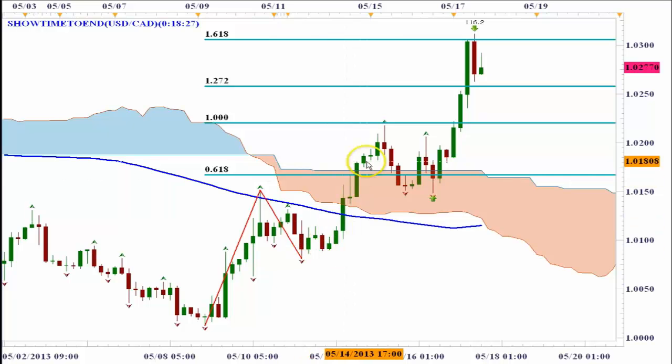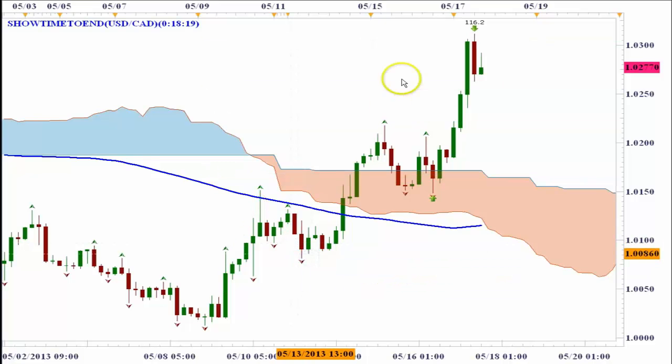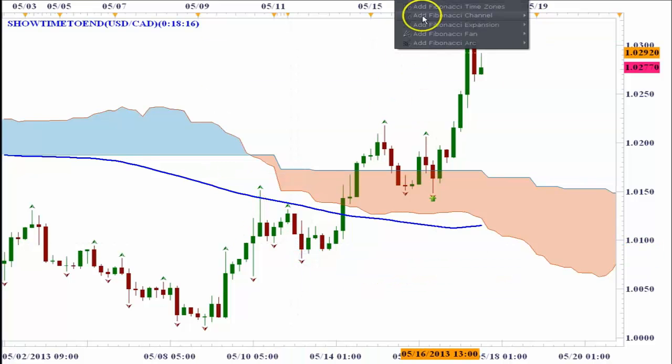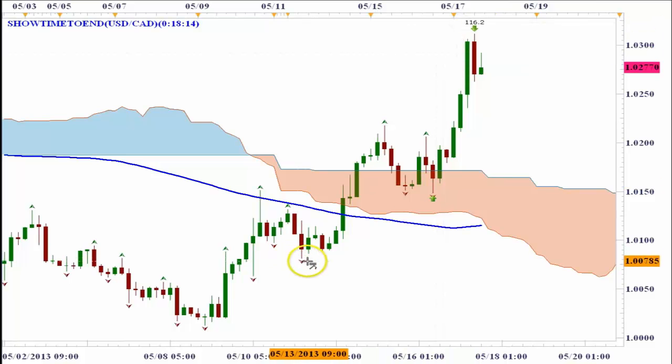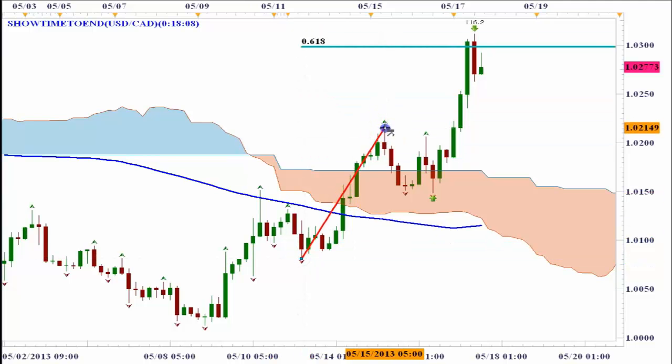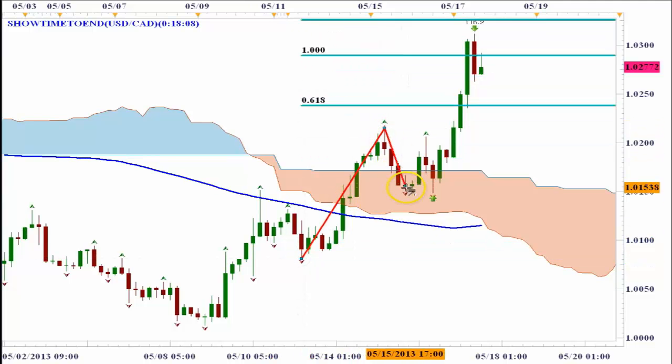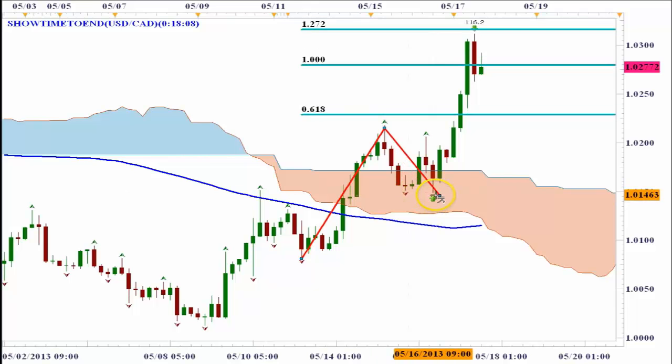So now the market moved again. So you want to do another one, right? So we'll take this one off, put another one on. So this time we're going from here to here, and then the market moved down to here.